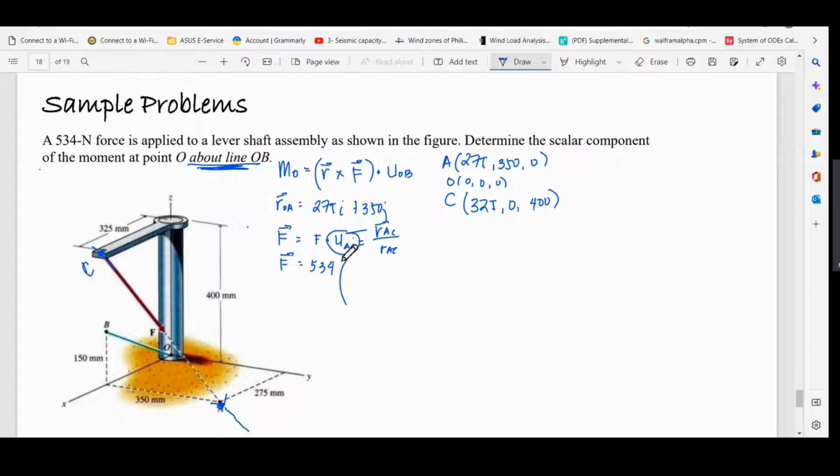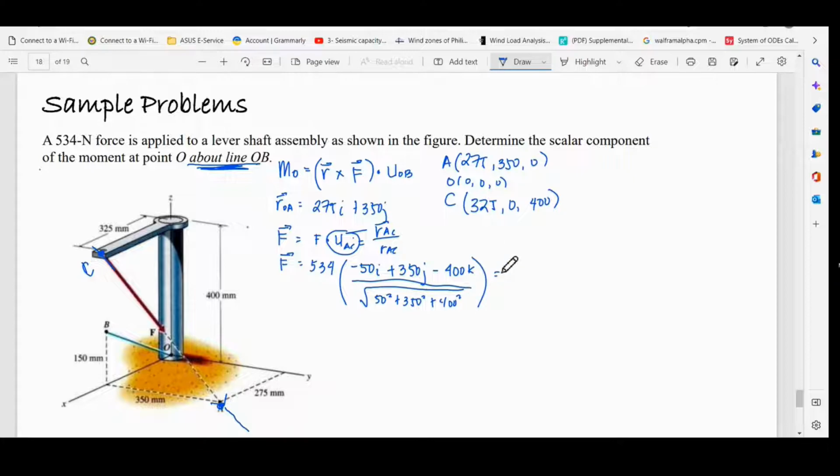So, we have 275 minus 325, negative 50 i. Tapos, 350 j minus 400 k. And the magnitude is the square root of 50 squared plus 350 squared plus 400 squared. Okay.